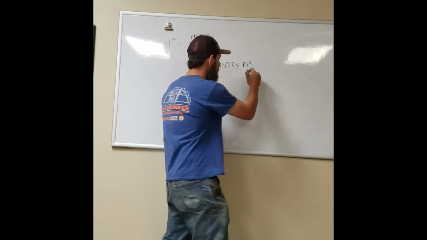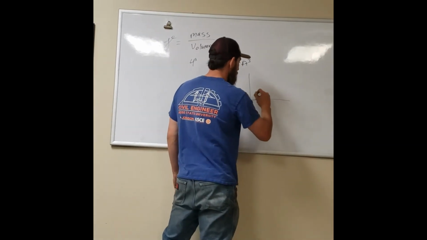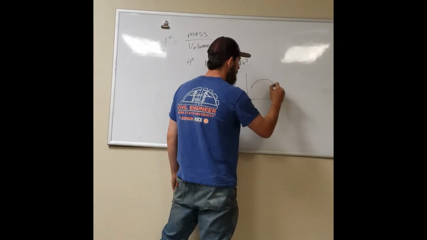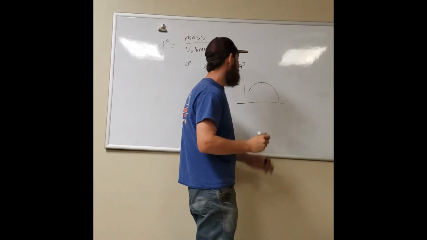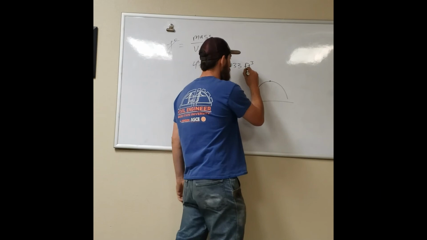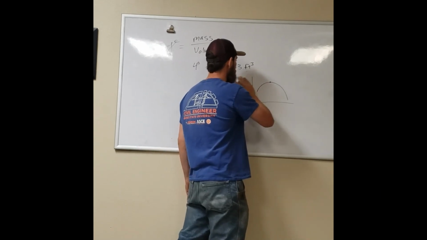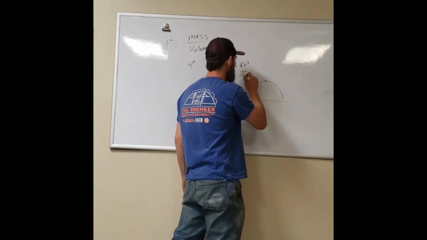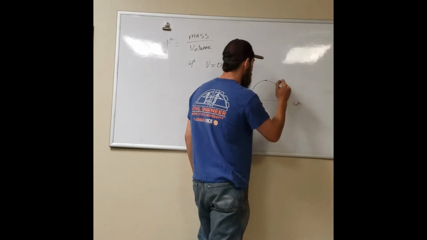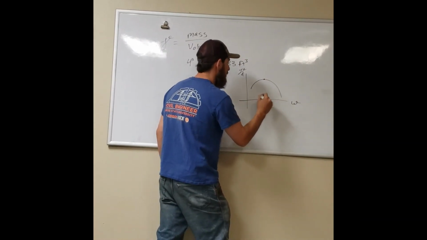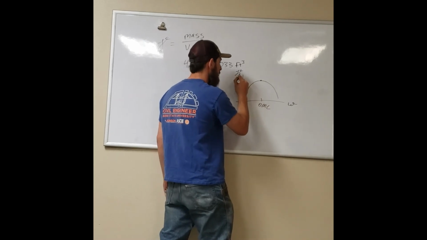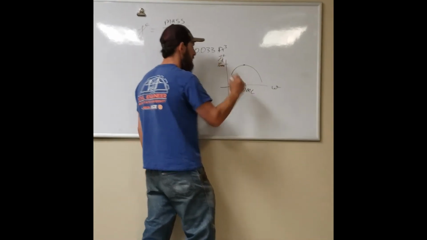The end goal is we're going to find some sort of curve like this, where the peak of that curve, gamma D versus moisture, is going to be your optimal moisture content at a gamma max.